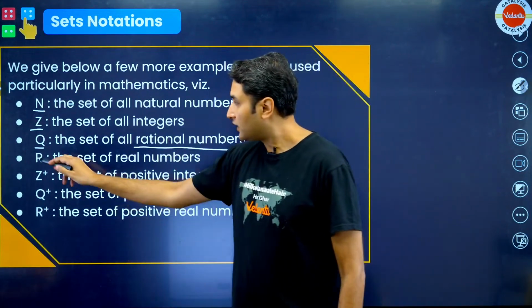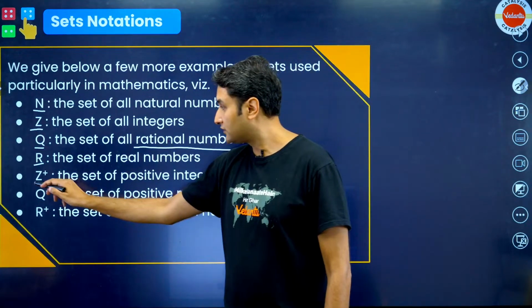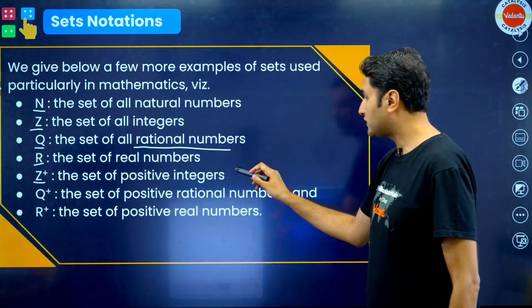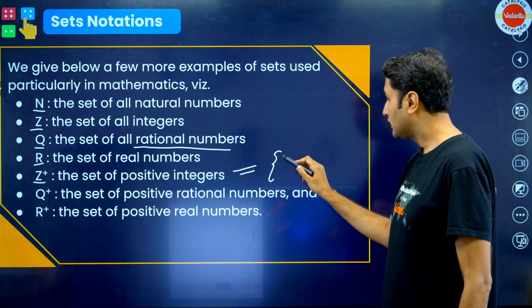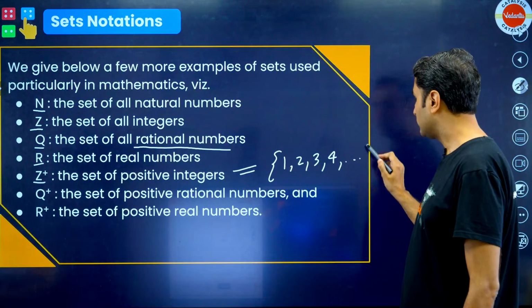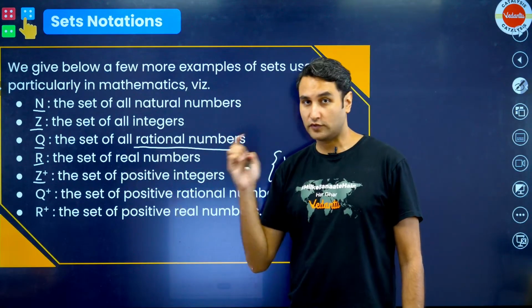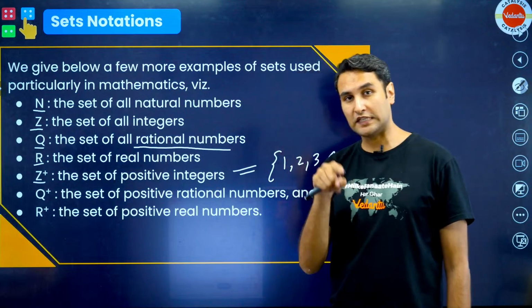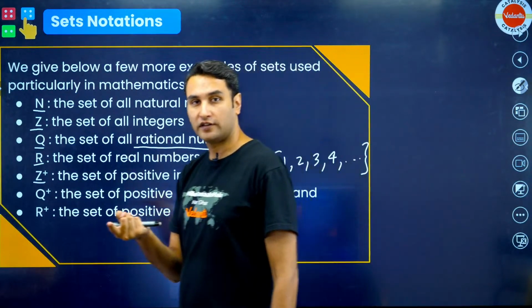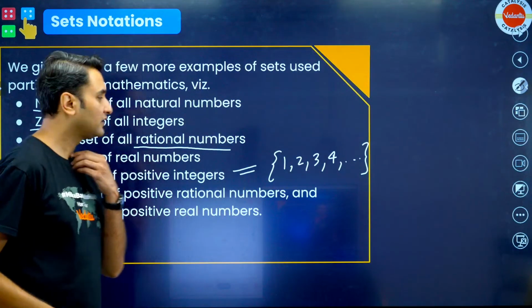R, set of all real numbers; Z plus, set of all positive integers, which is 1, 2, 3, 4 and so on. Set of all positive integers means don't include 0. 0 is neither positive nor negative. So Z plus means 1, 2, 3, 4, 5, positive integers.